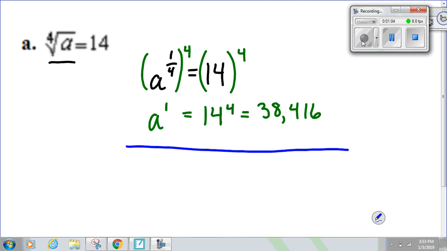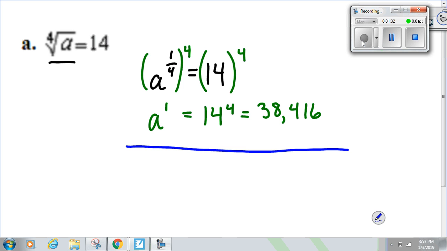Now there's one other way to think about this. Now we know that this is the fourth root of a. Well, think about how we undo the square root. We undo the square root by squaring, right? So can we undo the fourth root by taking the fourth power? If we undo the square root by taking the second power, we can undo the fourth root by taking the fourth power, right?